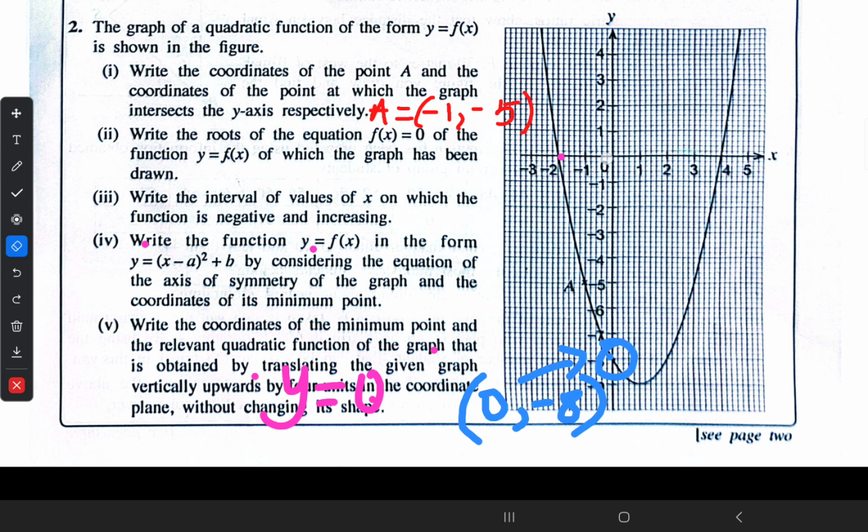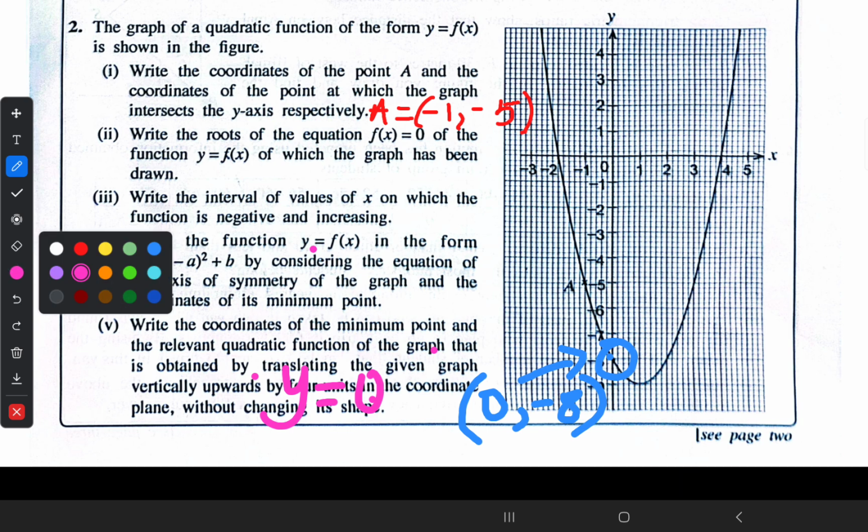In this graph paper, we can see that clearly. Let's zoom in and see. This would be in between here. Yeah, this is exactly at -2.